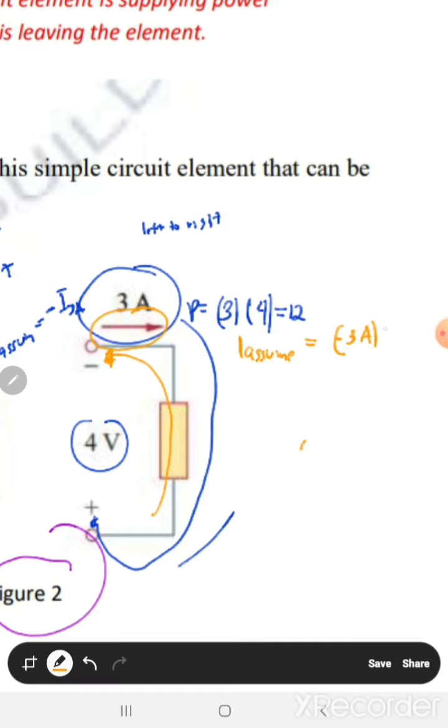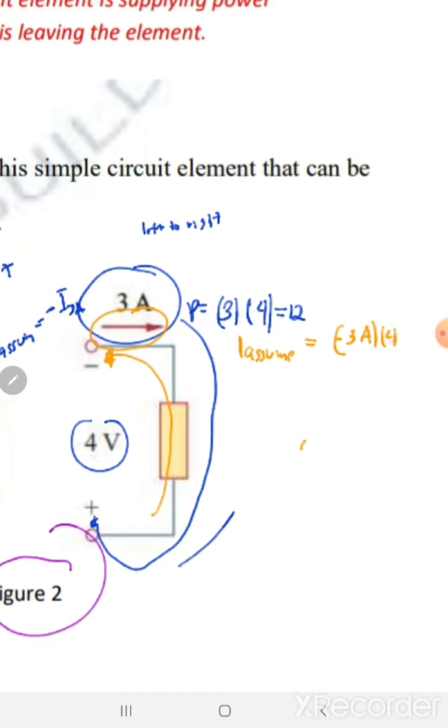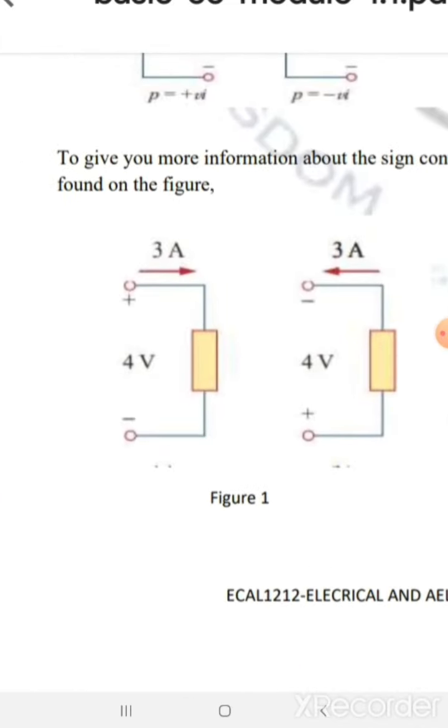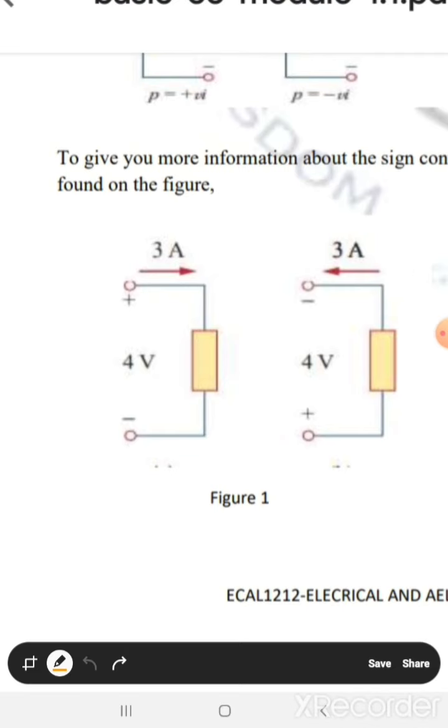So, we have negative 4 volts. So, therefore, mapapansin nyo na parehas lang sila ng sagot. 12 watts. Okay?